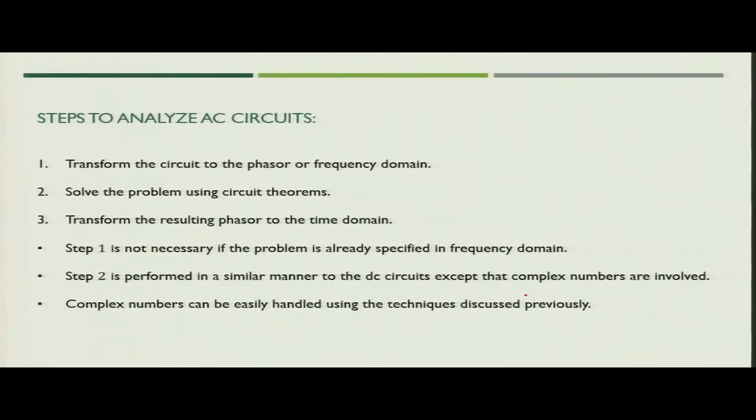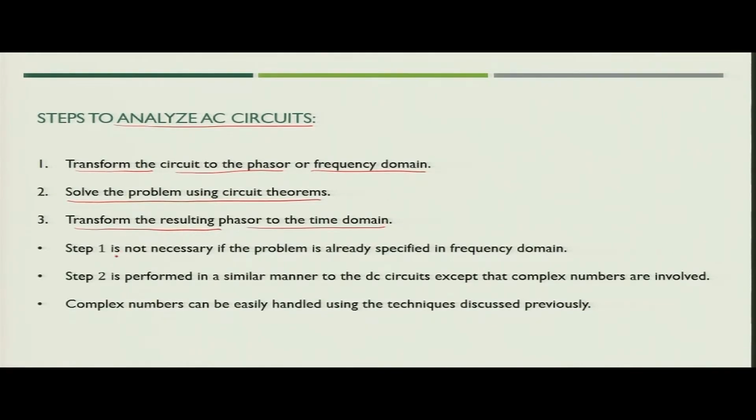Now, what are the steps to analyze the AC circuit? First, what we will do, we will transform the circuit to the phasor or frequency domain. That means, if the circuit is given in time domain, we will first convert the circuit into phasor or frequency domain. Then we will solve the problem using various circuit theorems which we discussed previously in case of DC circuits, and then transform the resulting phasor to the time domain back.